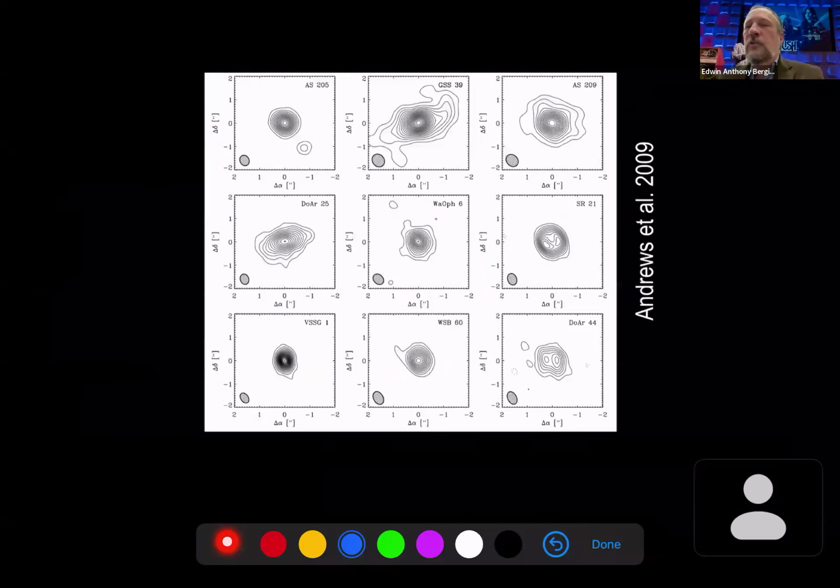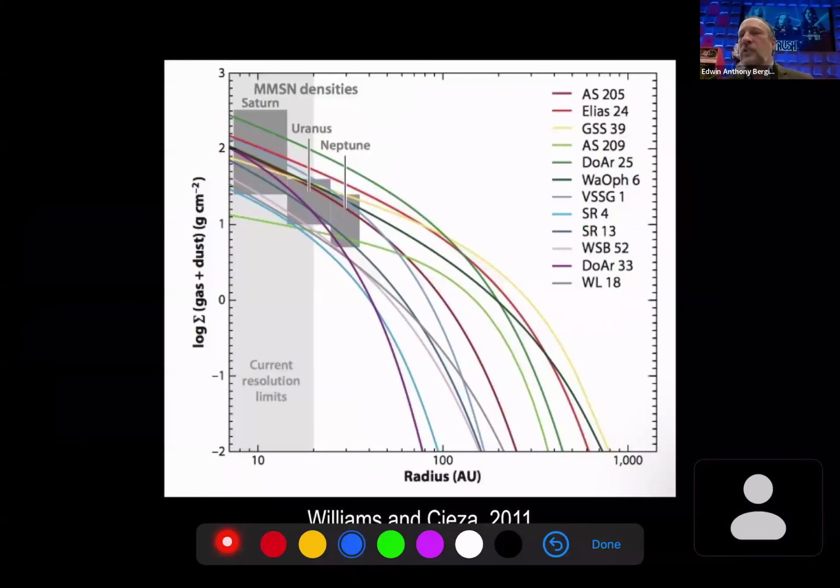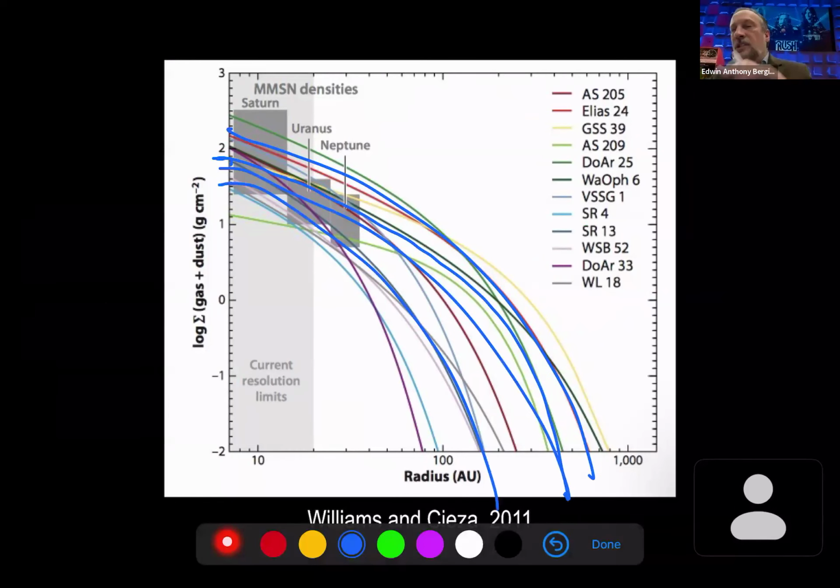And I'll skip over the dust. I already showed you how the dust emission can track H2, and these are observations from Andrews showing you the amount of dust versus radius for a bunch of different disks. And this is telling you about the mass that's available for planet formation in each and every one of those disks.